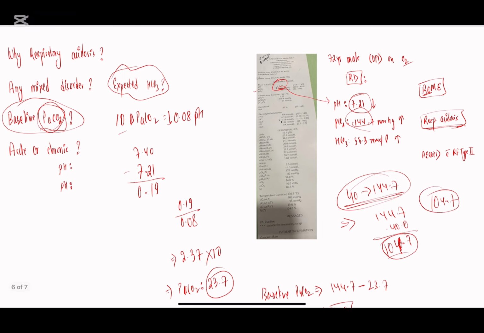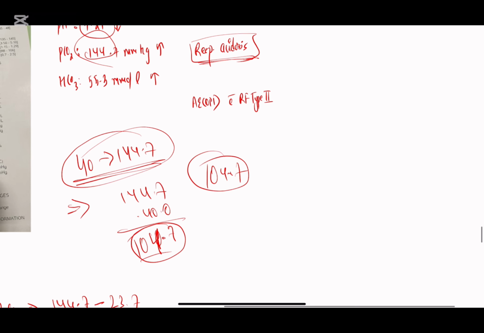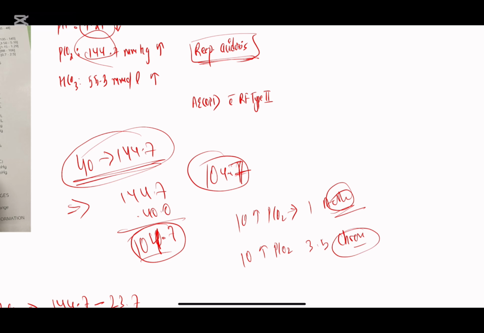We know for every 10 increase in PCO2, bicarbonate increases by 1 in case of acute conditions, and by 0.5 in case of chronic conditions.